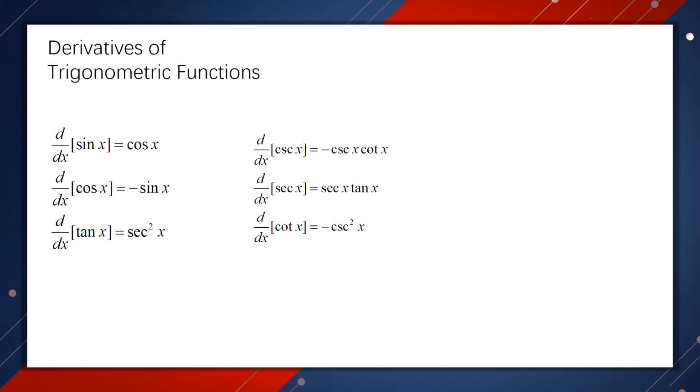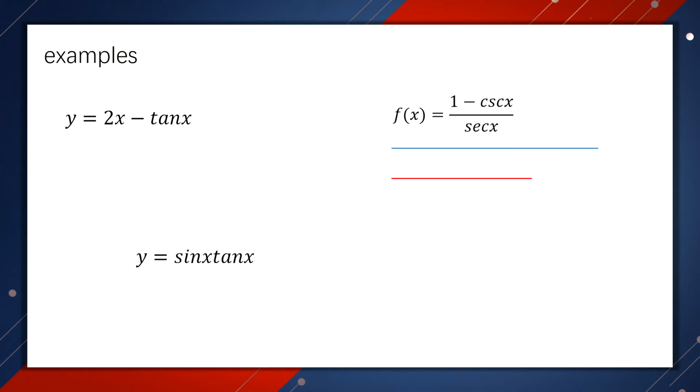The derivative of tangent x is secant squared x. The derivative of cosecant x is negative cosecant x times cotangent x. The derivative of secant x is secant x times tangent x. The derivative of cotangent x is negative cosecant squared x.